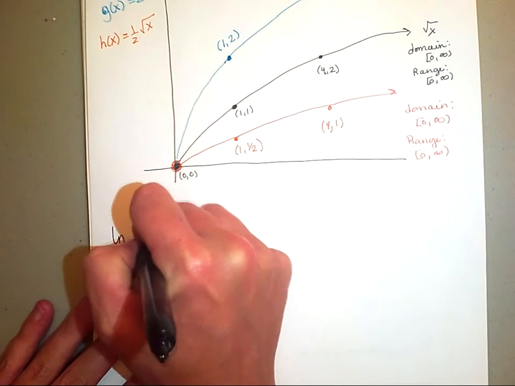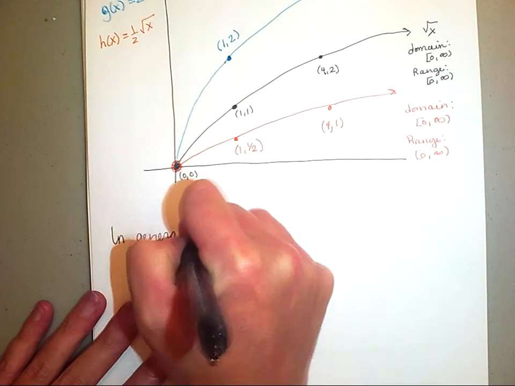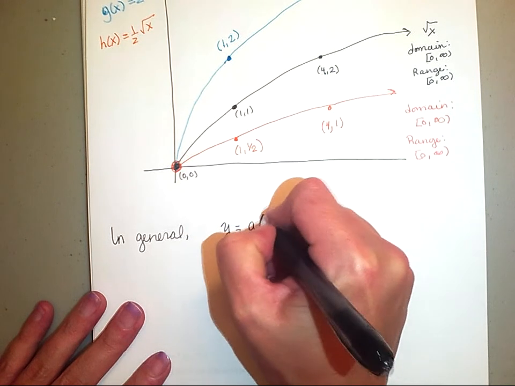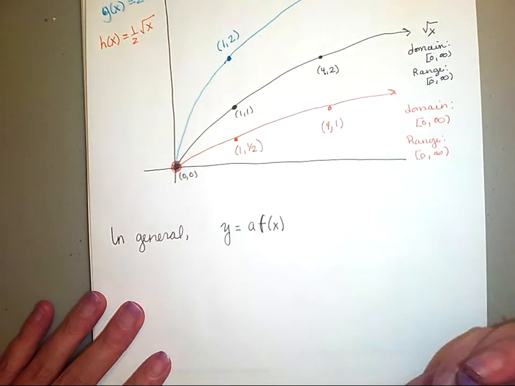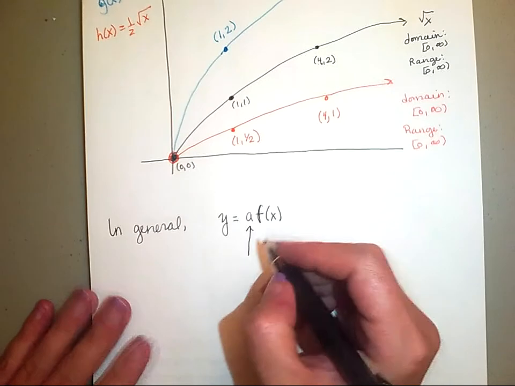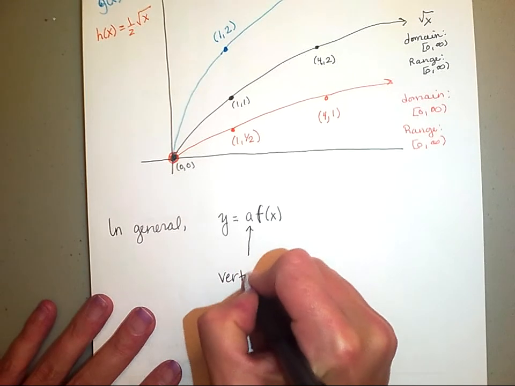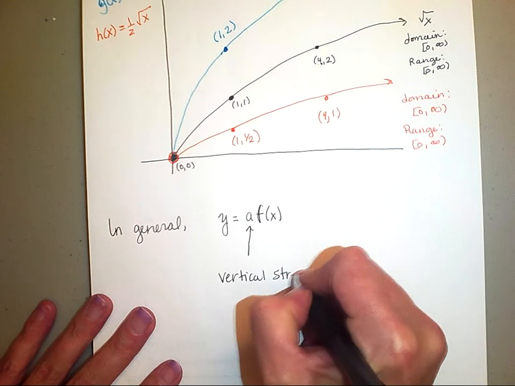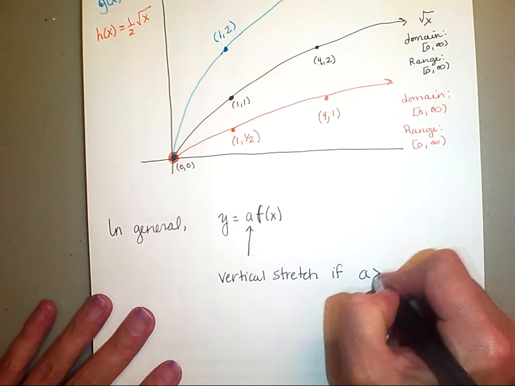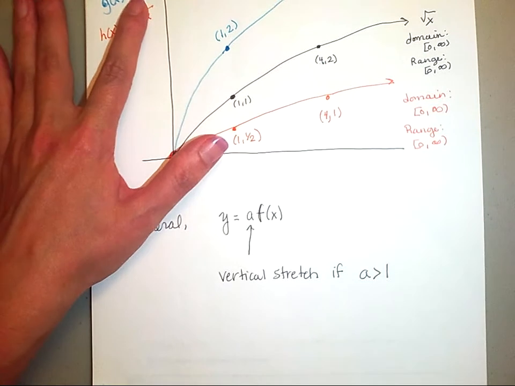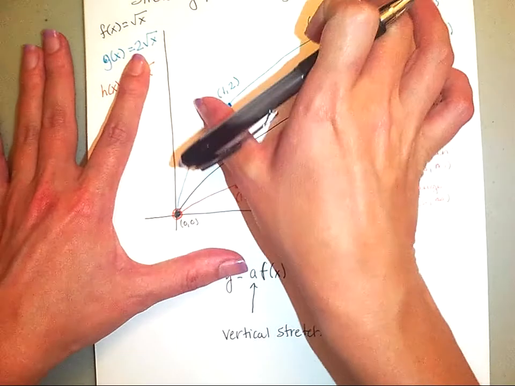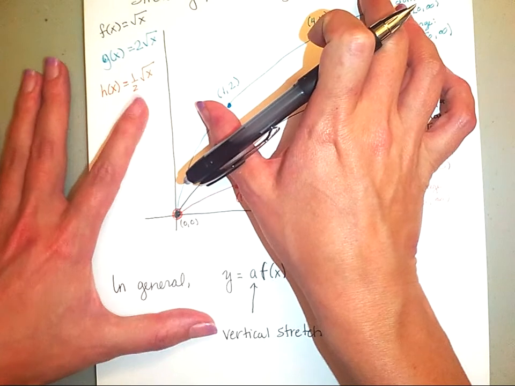So in general what that means is that if we have y is equal to a times some f of x, or a constant, however you want to say it, you're going to get a vertical stretch if a is greater than 1. Okay, so here a was greater than 1, 2 times the x, and we stretched it.